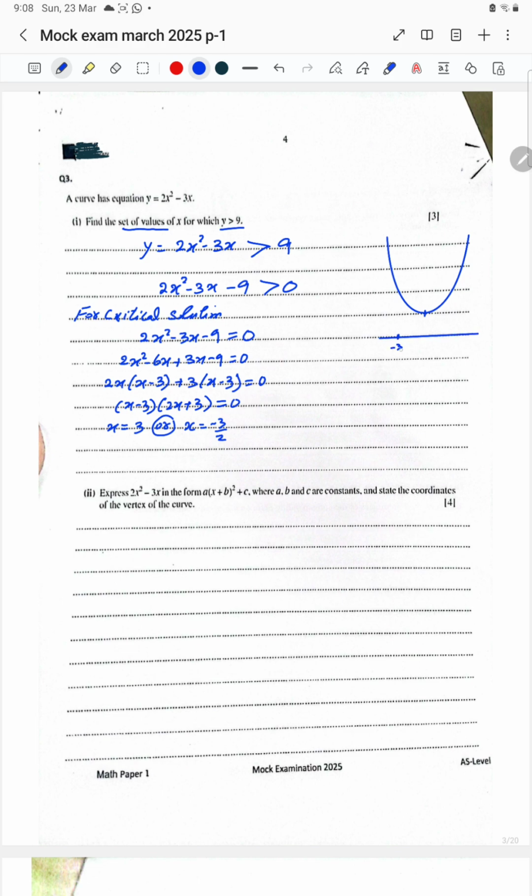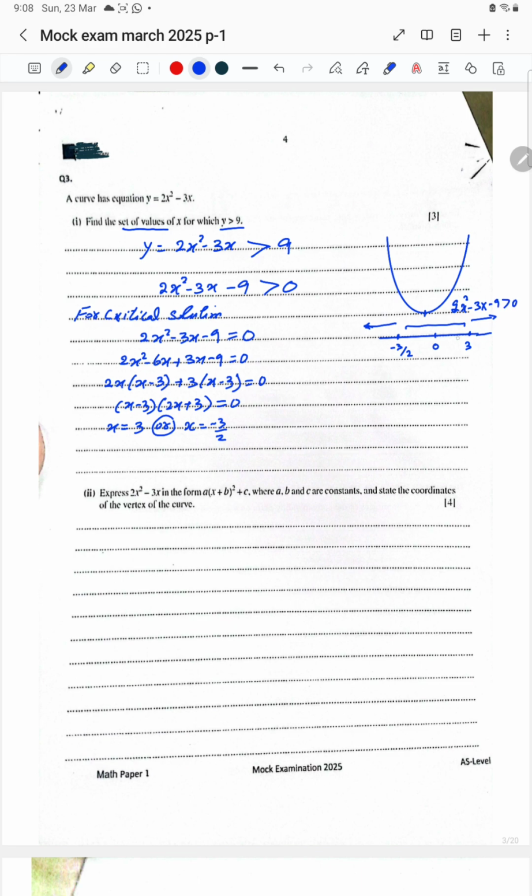So here minus 3 by 2, here we have 3. So we have three regions: one region above 3, one below minus 3 by 2, and a third one lying in between. So first check in between. If it is 0, the inequality, I'm going to write it, 2x squared minus 3x minus 9 is greater than 0.